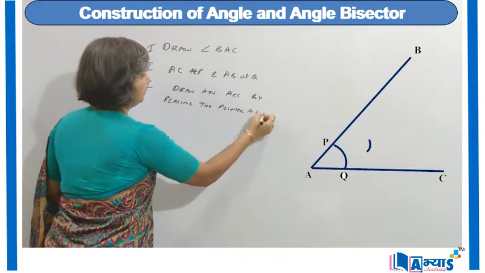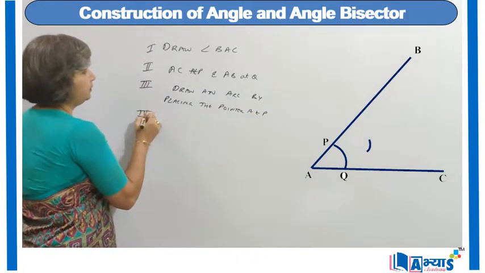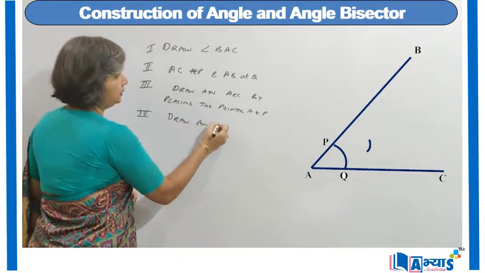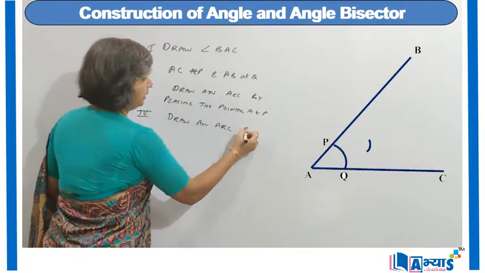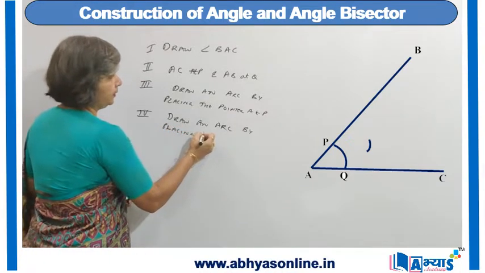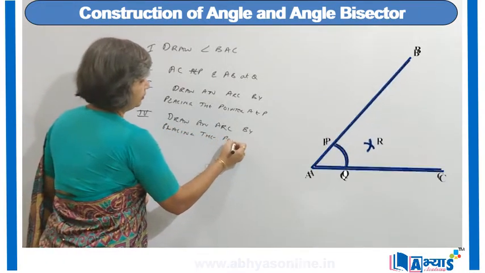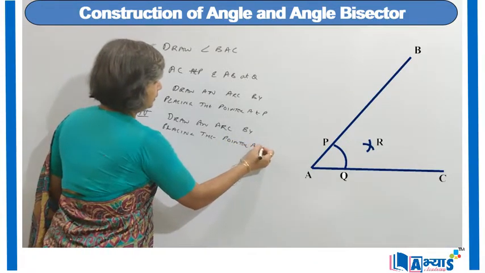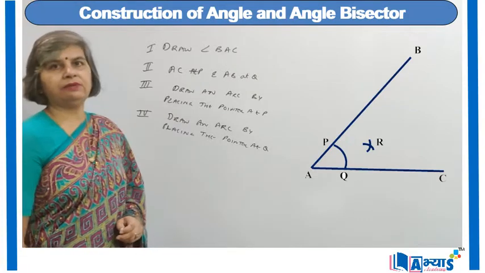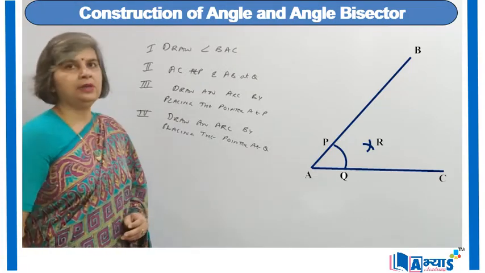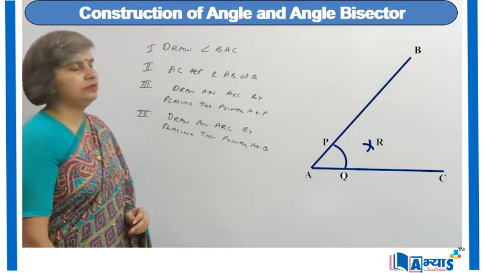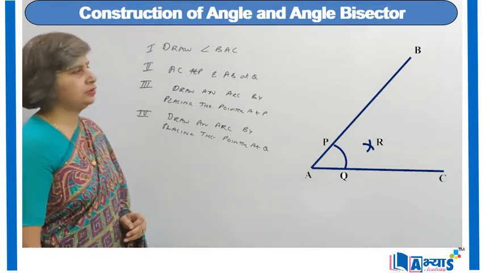In the fourth step, we will draw an arc by placing the pointer at Q, and we will try to intersect the arc that was drawn in step 3, and the point of intersection is R. So R is the point of intersection of the two arcs.